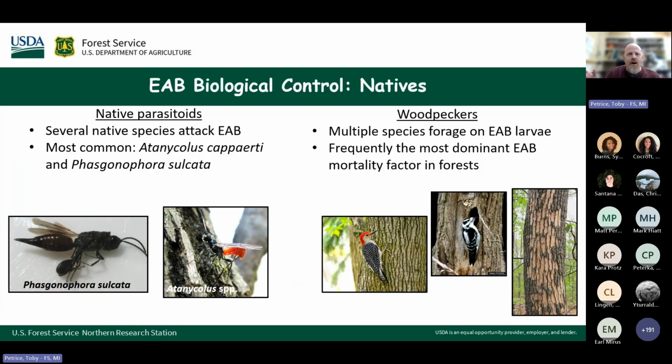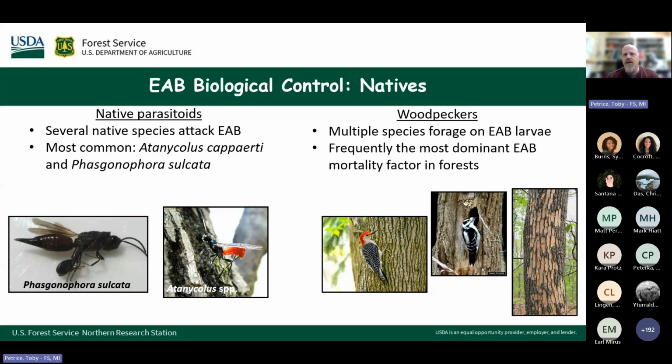So I also should mention that there are several native species that attack emerald ash borer. The 2 most common species that we see in Michigan are Phasgonophora sulcata and Atanycolus cappaerti. These are both parasitoid species that attack emerald ash borer larvae. They actually attack our native Agrilus species, and when emerald ash borer was introduced, they also started using this host resource.